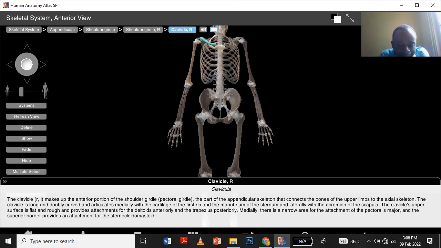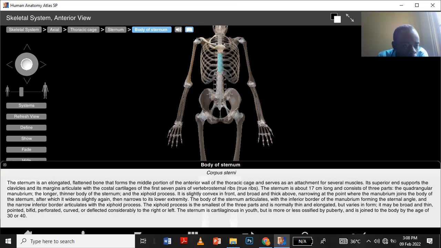Medially with the cartilage of the first rib and the manubrium of the sternum. This structure here is the sternum. The one I just highlighted in blue is known as the sternum, and this is the manubrium of the sternum.